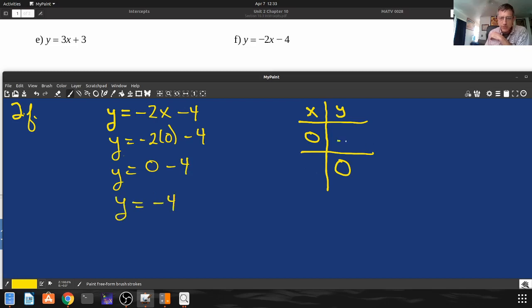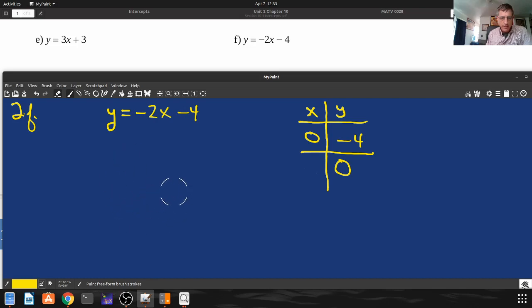That's good news. My x and y intercepts are not the same. That means it's not hard to be creative and choose another value of x or another value of y, but in this case it's kind of nice. Now we're going to set y is equal to 0. So I'm going to move the minus 4 over, and it becomes plus 4.